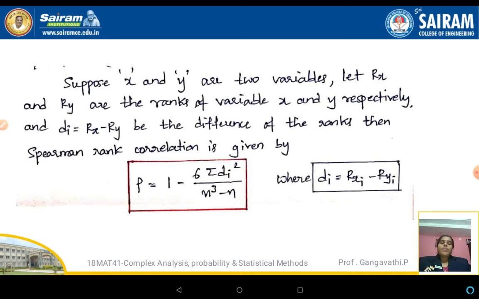Then the Spearman rank correlation is given by rho equal to 1 minus 6 summation di square divided by n cube minus n, where di is the difference Rxi minus Ryi, and i takes the values 1, 2, 3, 4, up to the number of values of x and y given in the problem.